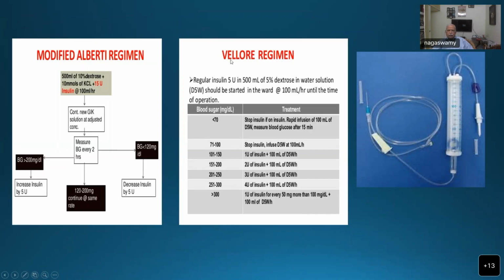The idea why this is prescribed by CMC Vellore is, number one, to avoid the expensive use of infusion pumps. Number two, in the Alberti and Thomas regimes and others, you have to discard the entire solution which you prepared if the blood sugar changes, and make a fresh one. So that expense is also avoided by using this method.